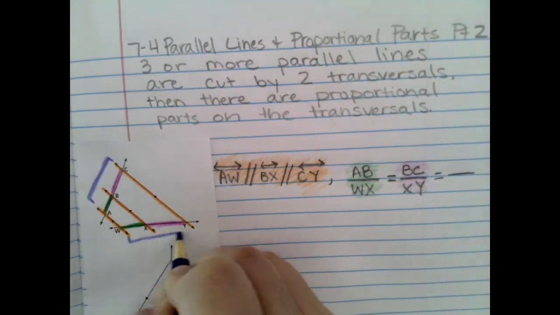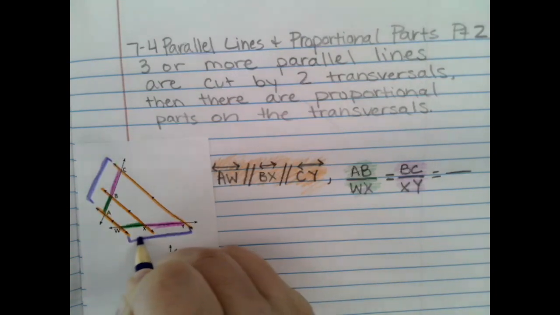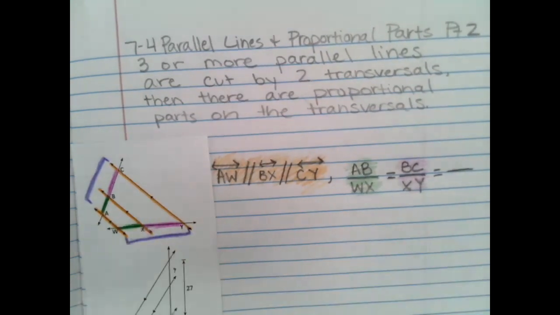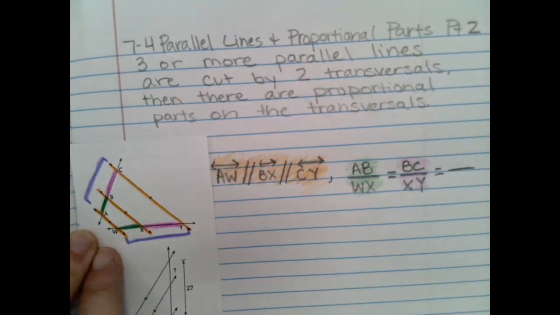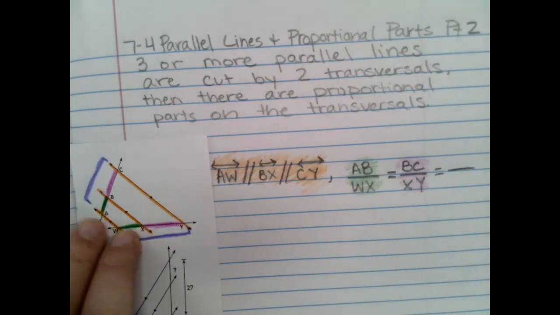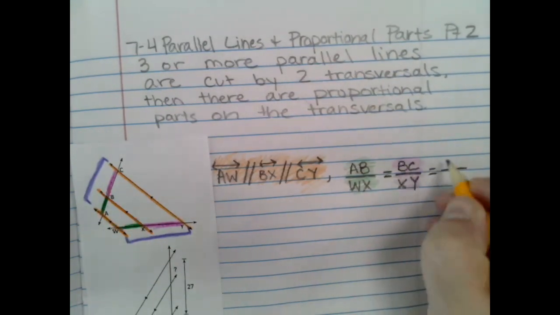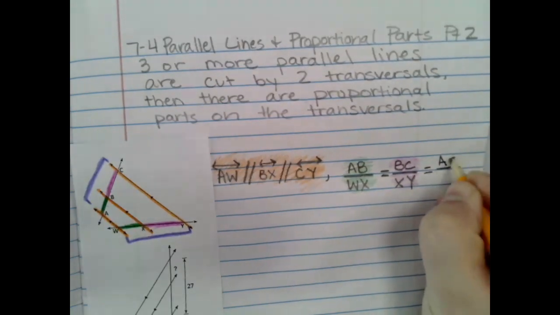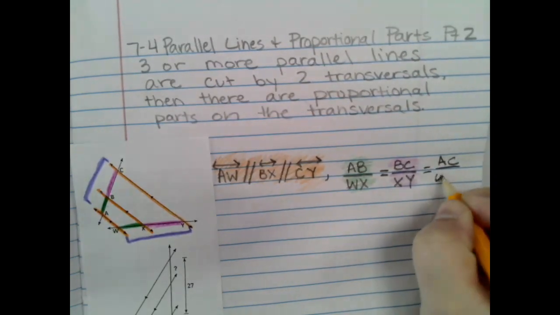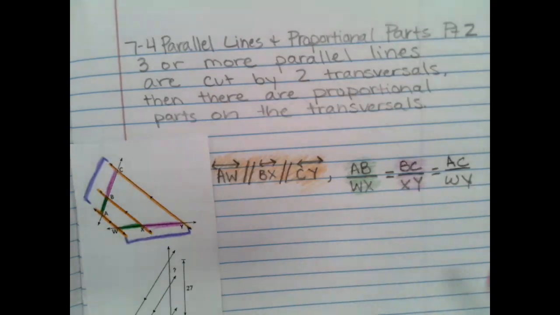WY. And the reason we can do this with 3 parallel lines is really we could create 3 similar triangles here if we made these connect. And it'd be the same as we did yesterday. It's just instead of drawing those triangles out, we're just imagining eventually they connect, or we're just taking that shortcut.